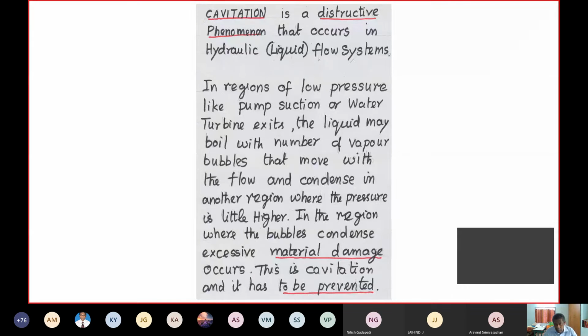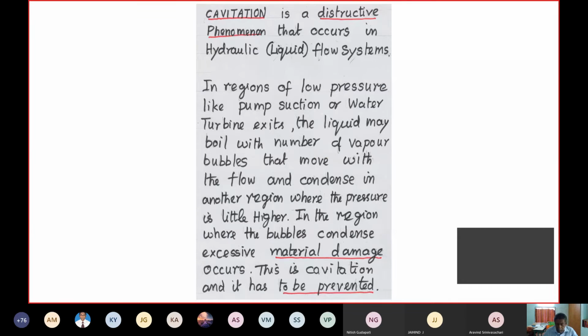In the region where the bubbles condense, excessive material damage occurs. Okay, this is cavitation. It has to be prevented. Now, when you want to prevent this cavitation, one is, you see that it doesn't cavitate.